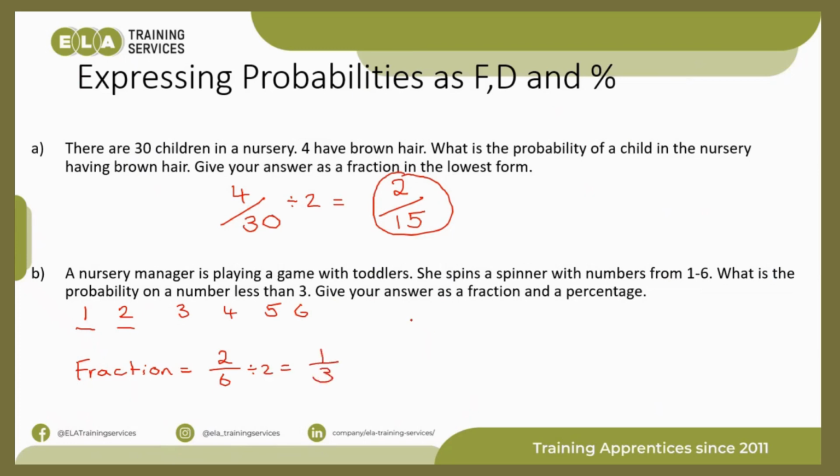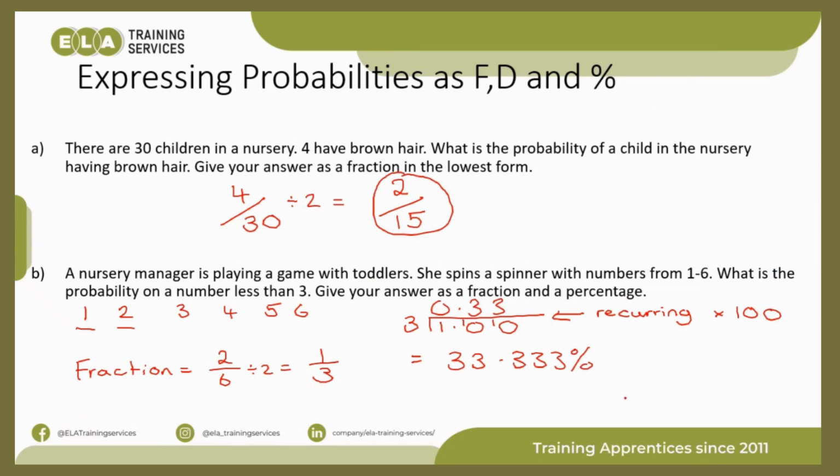Now, to get it to a percentage, we need to divide the top by the bottom to get it to a decimal, and then times by 100. So we're going to put 3 on the outside and 1 on the inside. 3 into 1 doesn't go. 3 into 10 goes 3 times with 1 left over. And we're going to have what's known as a recurring number. Now, if we then times that by 100, we're going to be left with 33.333%.